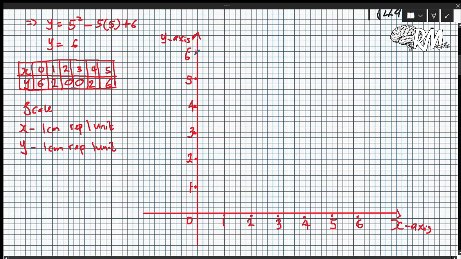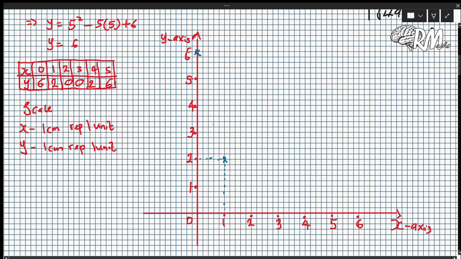So I have it here. Then I'll go to the second one. We have when x is 1, y is 2. So this is my x being 1 and my y is 2. At this side here, I have to trace it, so you have to be careful where the both of them join. The reason why the dot is here is because this is where the both of them meet.